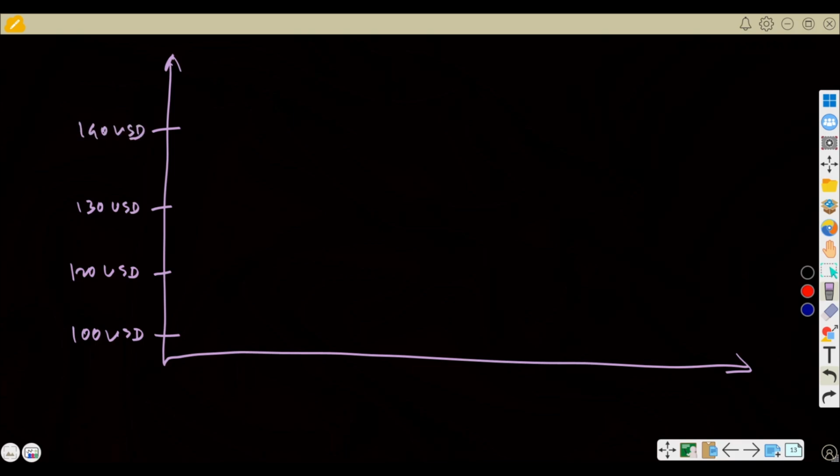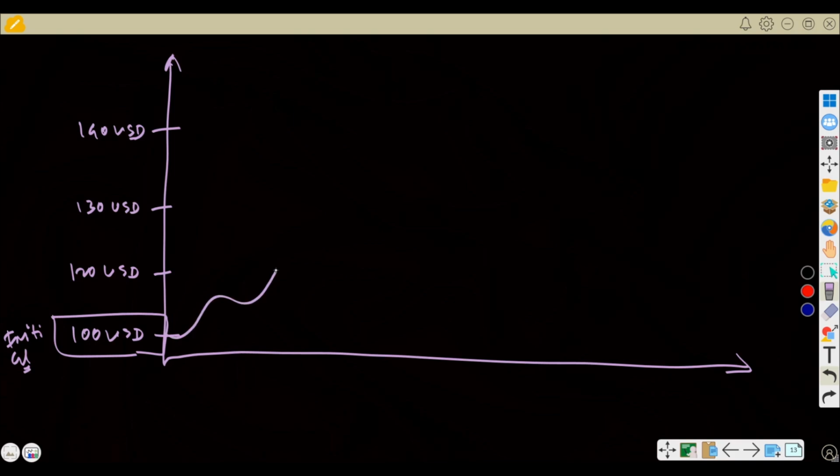Let's say this is your data, phase data, right? The initial investment starts at this point. When you chart it out in graphs, it becomes very easy to explain. So let's say the investment starts like this.